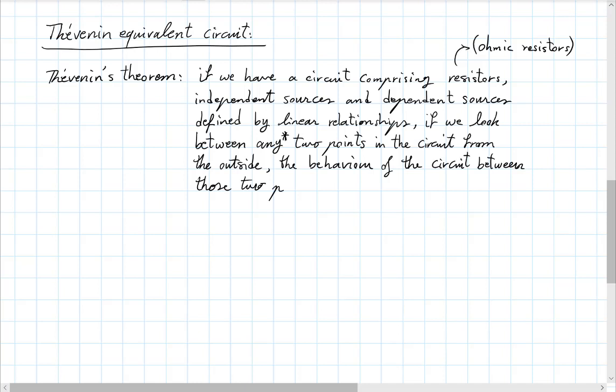And by points, I mean nodes, two places where you can connect, let's say, a voltmeter or something else.